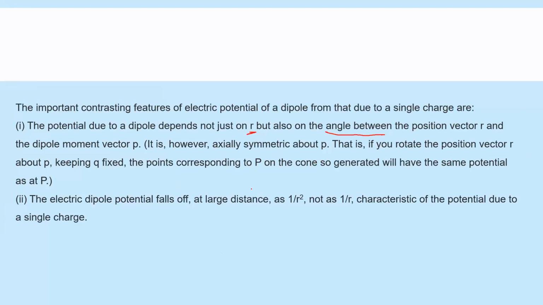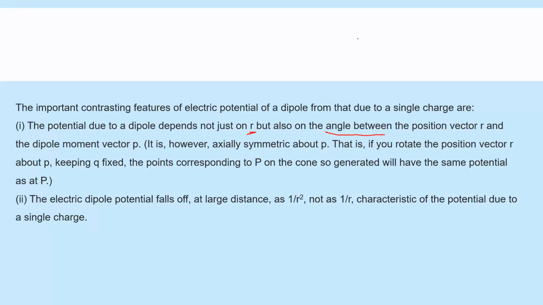If you rotate it keeping the q fixed, it is going to have the same potential at the points corresponding to P on the cone. So if you are rotating the position vector about P.